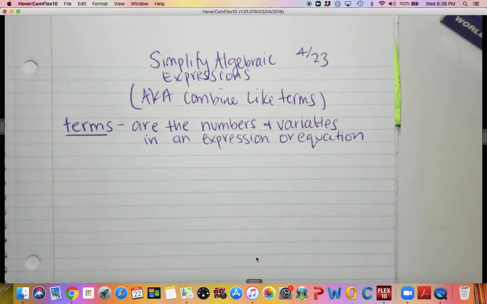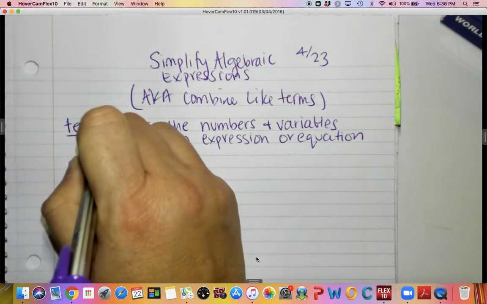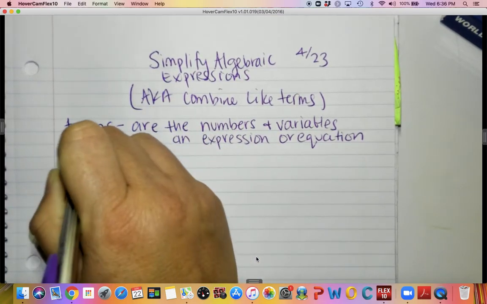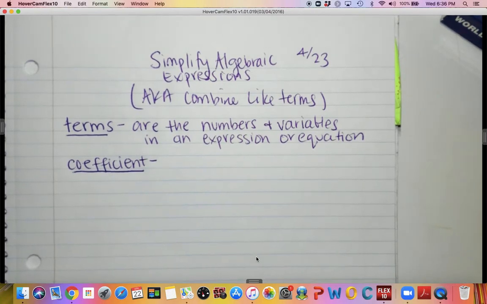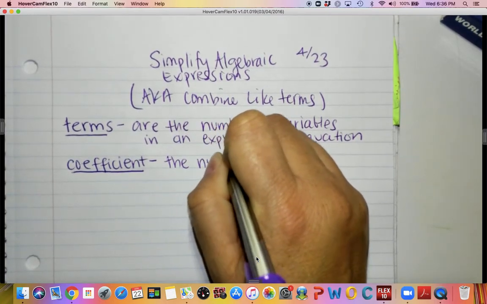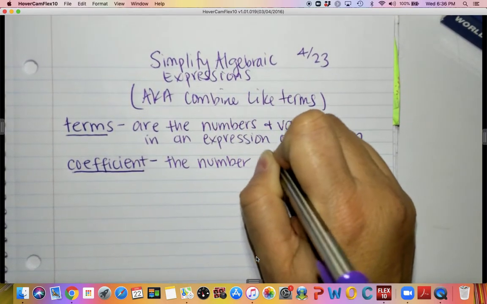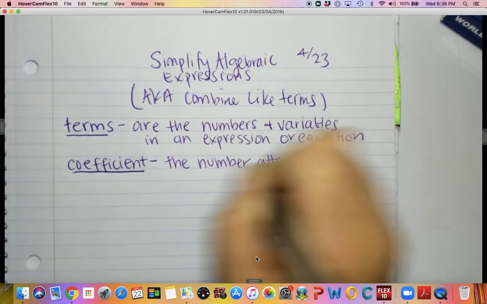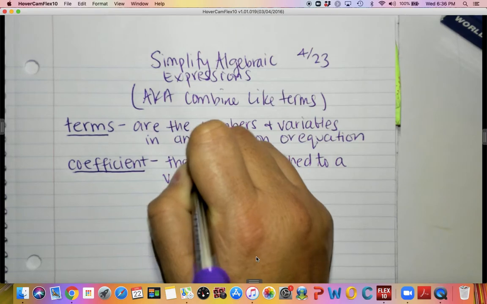And again, I'm going to remind you of the word coefficient, because that's an important word. The coefficient is the number attached to a variable.